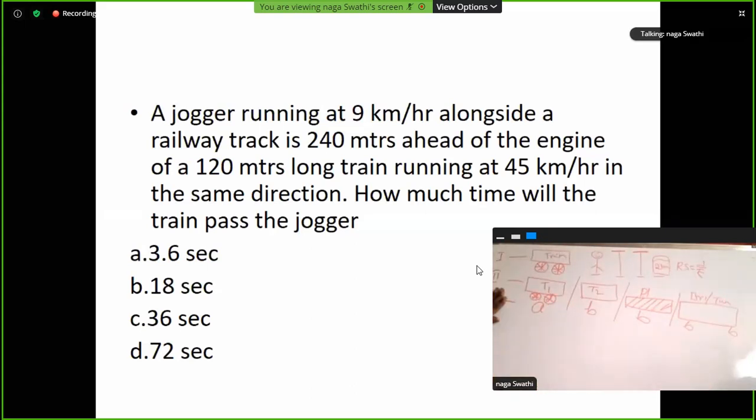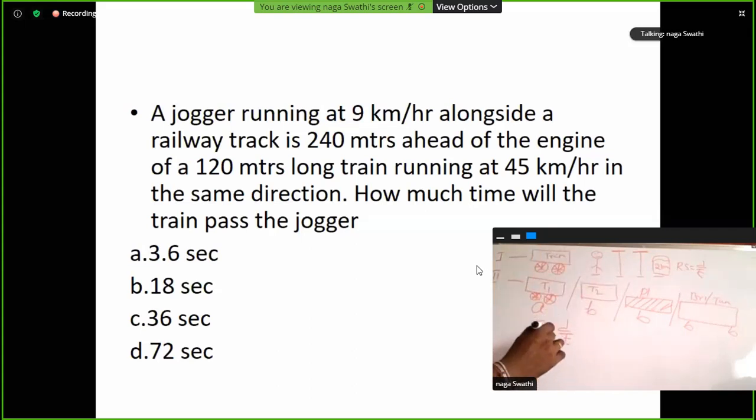Clear? So here speed is equal to distance by time. So here these two objects are moving or non-moving. Please observe it, ma. Relative speed. If two trains, one train, one platform, there is no relative speed.